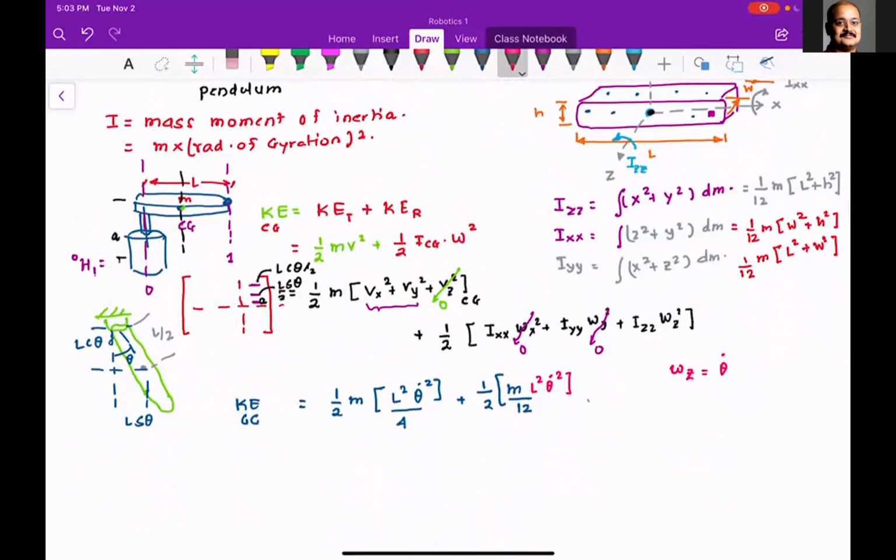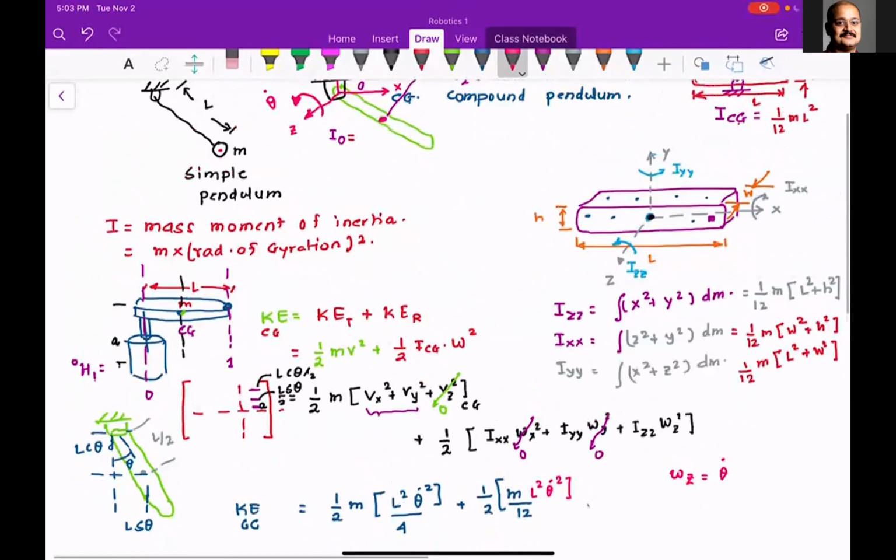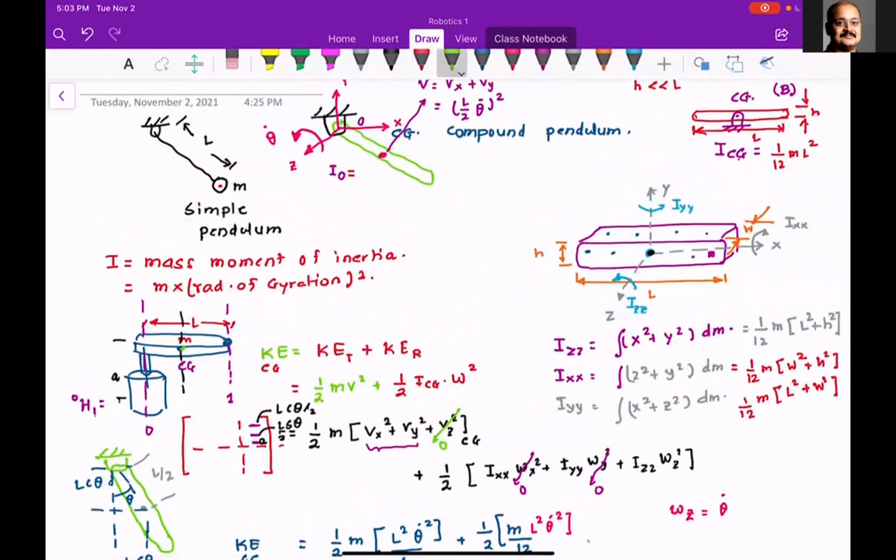The IZZ is on the CG, right? Yep, IZZ is on the CG. But we are rotating about O. Basically, that is correct. So what it means is I should show you a coordinate frame, something like this.